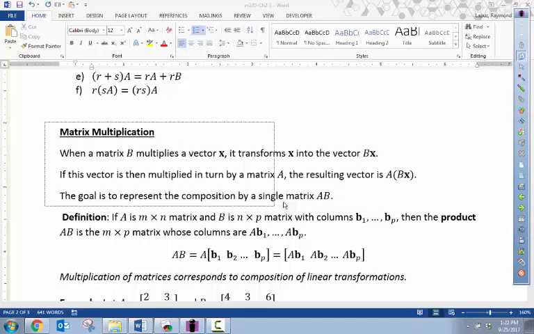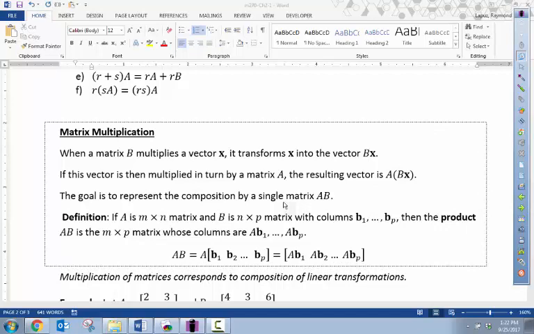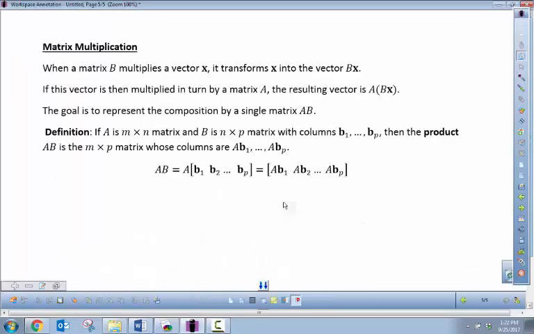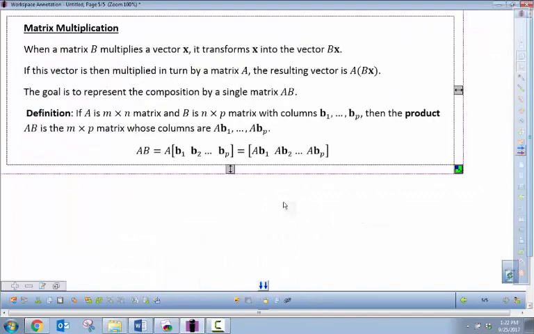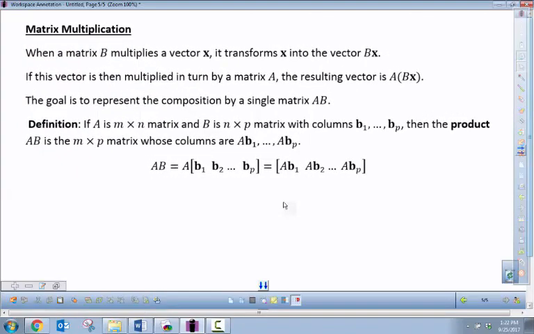But the book really likes the idea of working with column vectors.